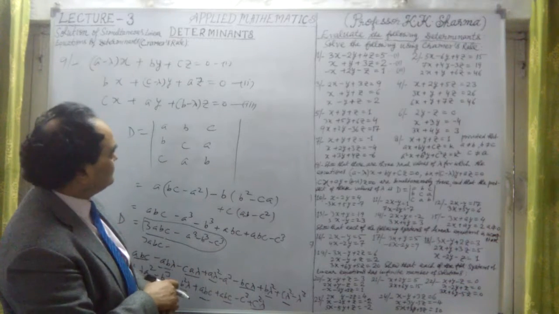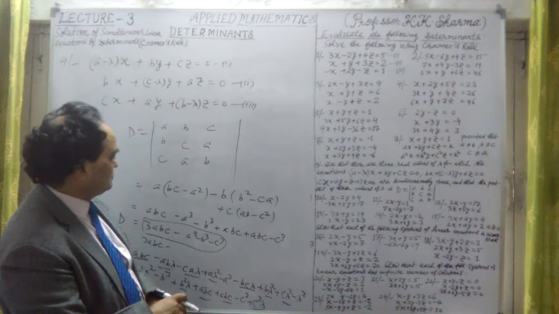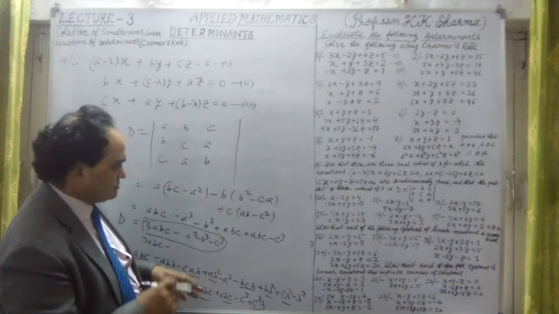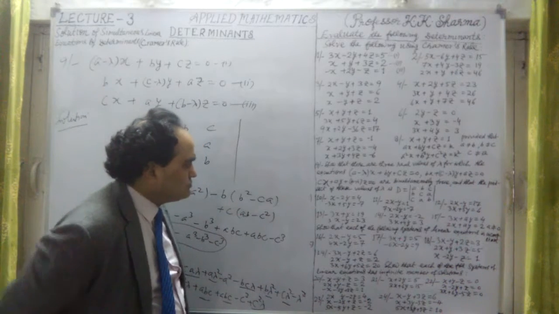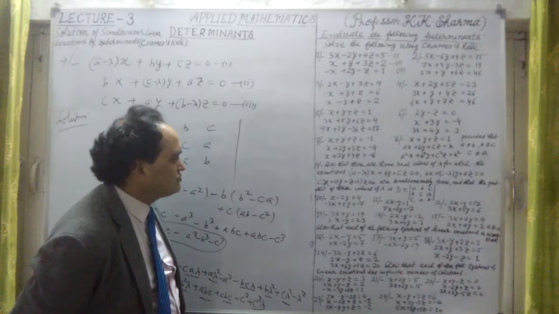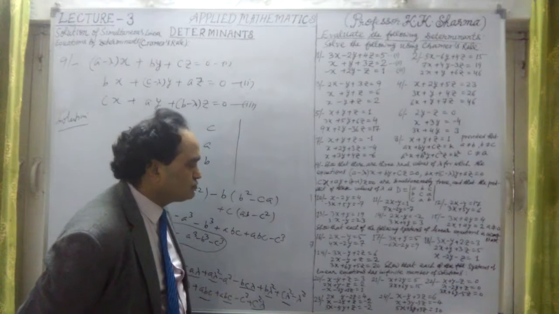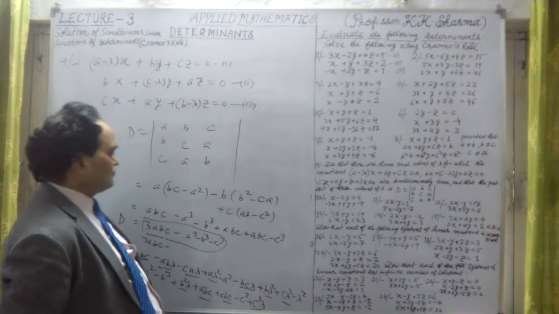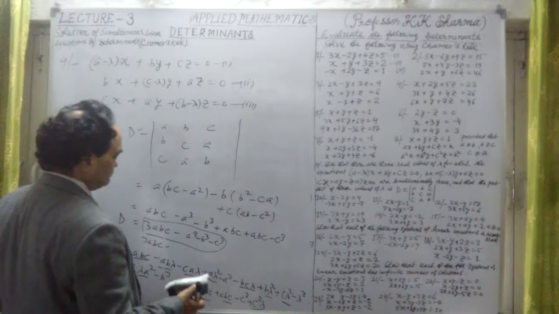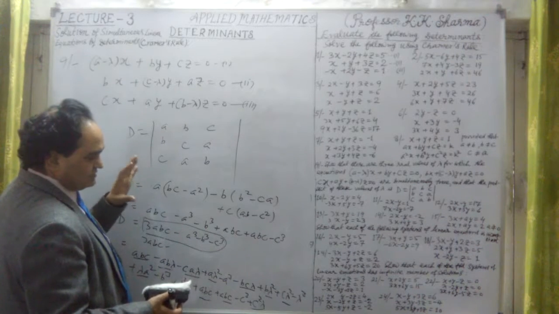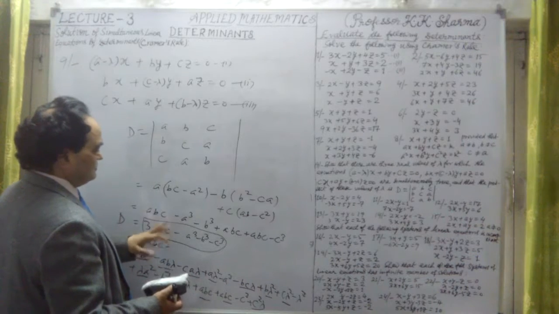So if lambda is 0, or we equate that to 0, then this value is coming only. But it says that there are three real values of lambda for which these three equations are simultaneously true. For truthfulness of them, let me now solve these two equations and then put the value of x and y in the third equation. It will be satisfied.